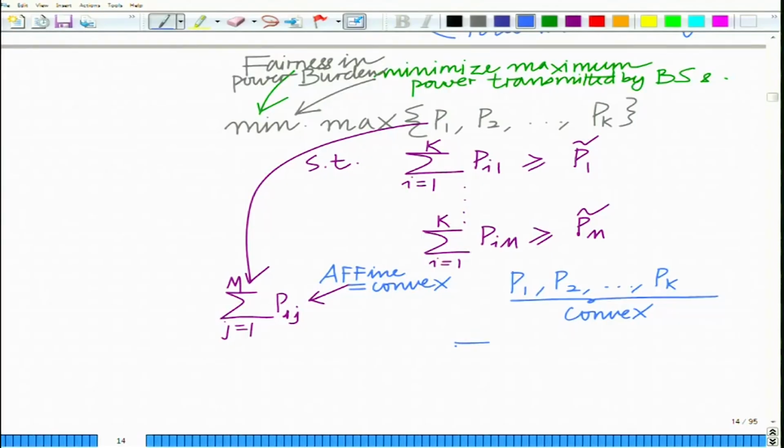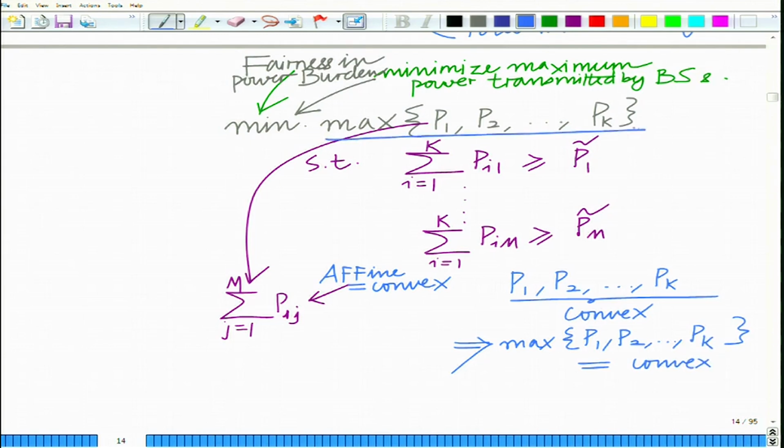So, this implies the maximum of this is convex, and therefore, you are minimizing a convex objective function.